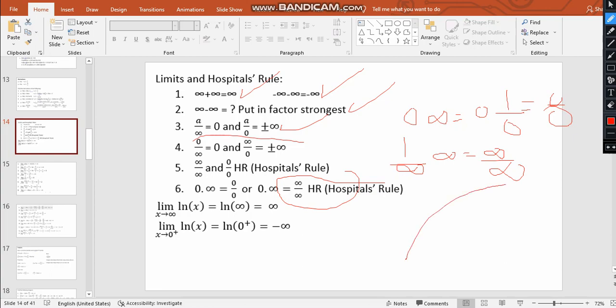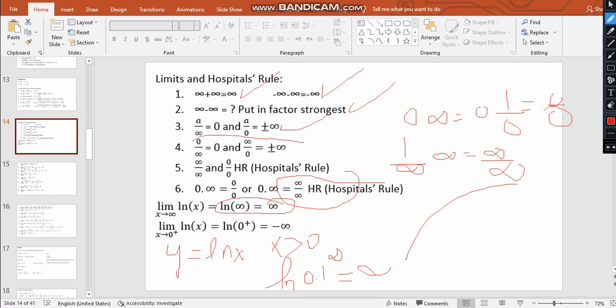Since logarithm is an increasing function, as x tends to infinity, ln infinity is infinity, and we know that if you have y equals ln x, x bigger than 0, and you want the limit as x tends to 0, ln 0 can be written as 0.1 power infinity, that is 0.1 times 0.1 times 0.1 times 0.1.